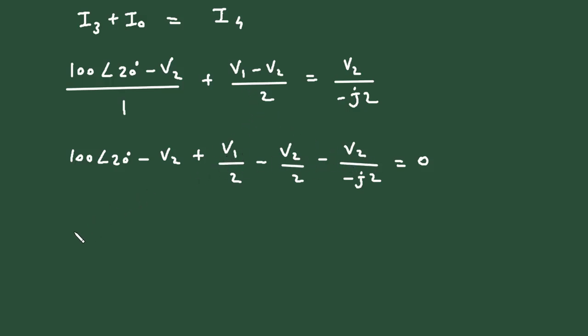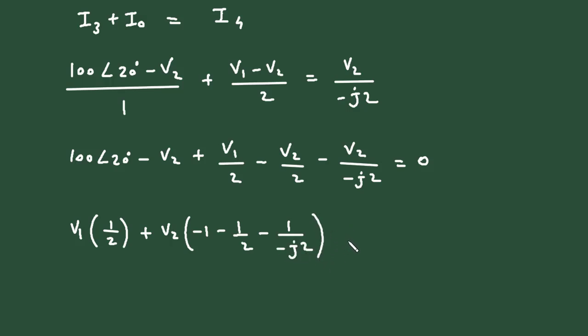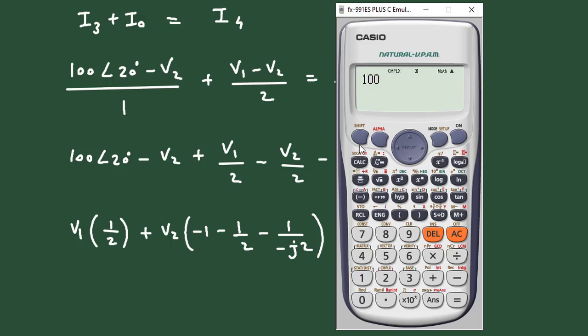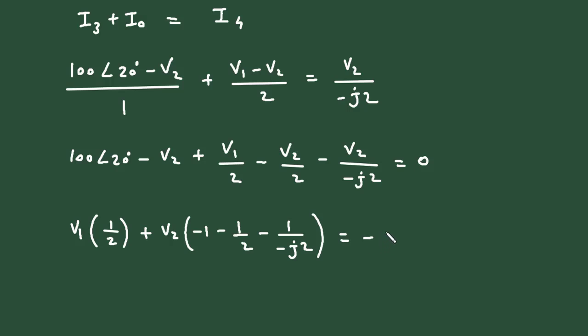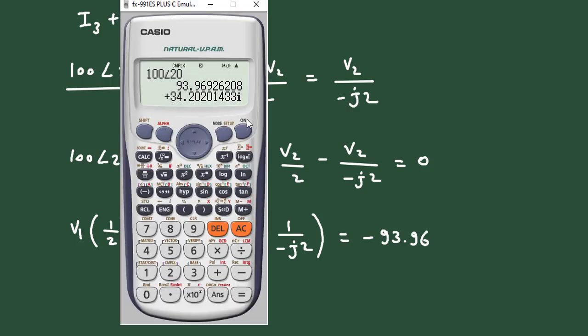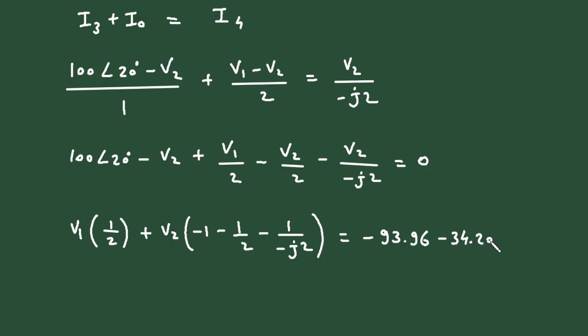So here we can take this V1 common. So V1 in bracket 1 by 2, then plus V2 in bracket minus 1, minus 1 by 2, then minus 1 by minus j2 is equal to, now here if we convert this polar form to rectangular form, 100 at an angle 20 degree, it is 93.96 plus 34.20 j, so on the right side it will be minus 93.96 minus 34.20 j.